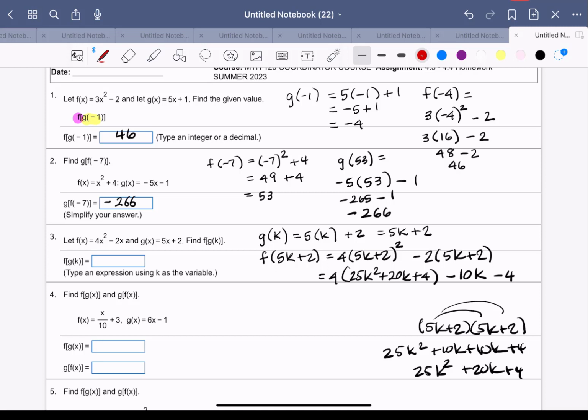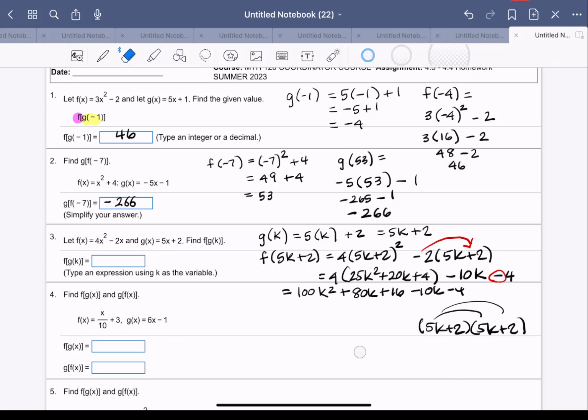Be careful with this negative times a positive. It's going to be a negative there. So the last thing I need to do here is distribute my 4. So that would be 100k squared plus 80k plus 16 minus 10k minus 4.